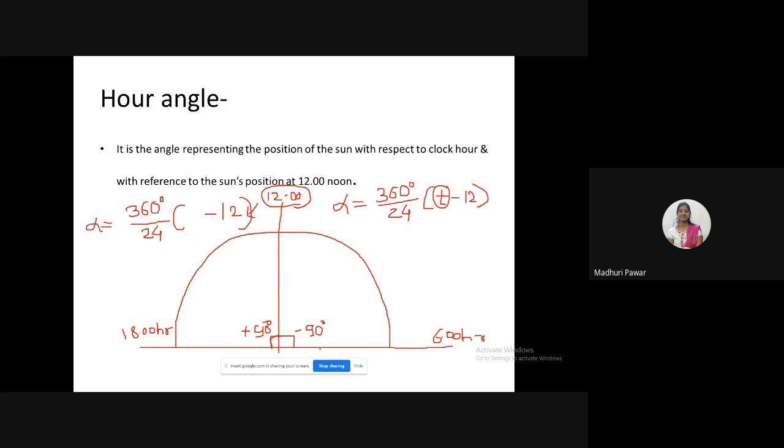So if you have to measure at morning 6, we put 6 here. Someone just calculate the angle. What is the angle coming here? Just calculate this step.